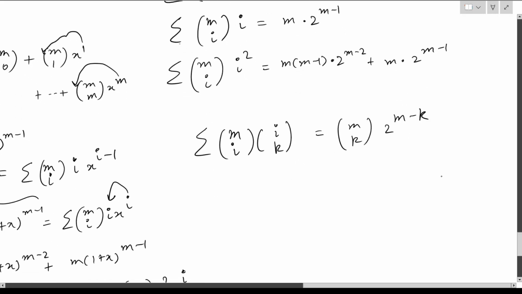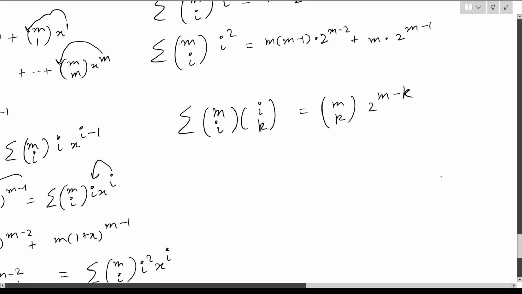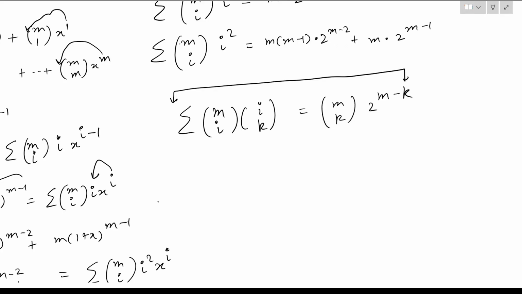Okay, so here's a combinatorial proof for this sum, since you asked. We're going to see this as an interesting process where we have m elements. We're selecting, first of all, I of them, and then selecting k of them.